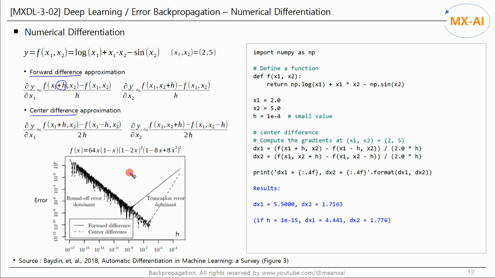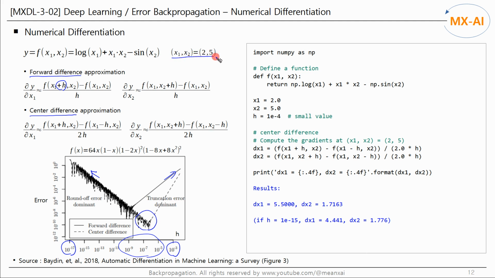As you can see from the results below, the center difference method is more accurate. If h is too large or too small, the error will be large. And if h is appropriate, the error is small. We can see that among the two methods, the center difference method has a smaller error.